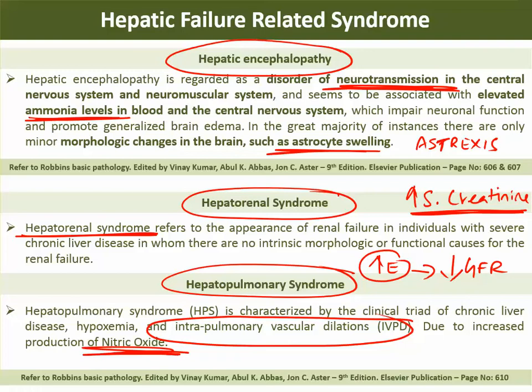So it looks like a renal failure, but actually it is happening due to reduced GFR, not due to a problem in the kidney, and it is actually happening due to liver failure. And in the hepatopulmonary syndrome, the difficulty in breathing comes because of pulmonary vasodilation due to increased nitric oxide.